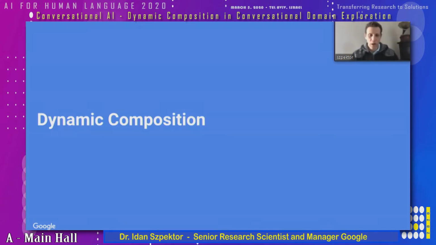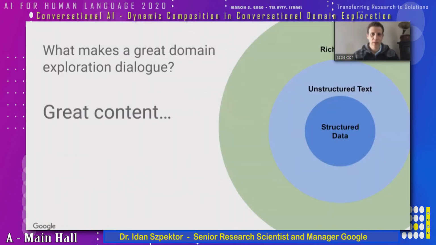Okay, so how do we create such kinds of conversations? We have a new approach we call dynamic composition, and I'll explain what it's about. So first of all, when we talk about good domain exploration dialogues, the main thing that we notice is that we need great content. And you can think about several layers of content.